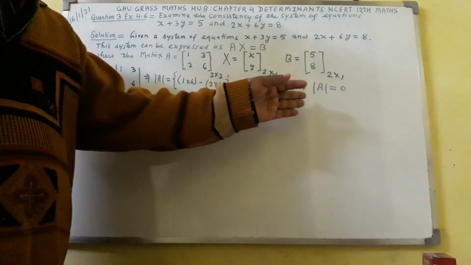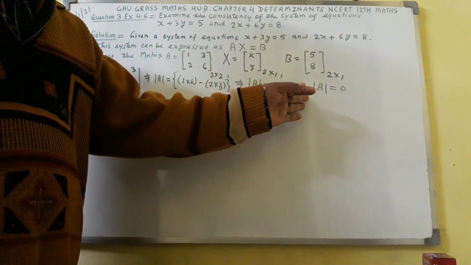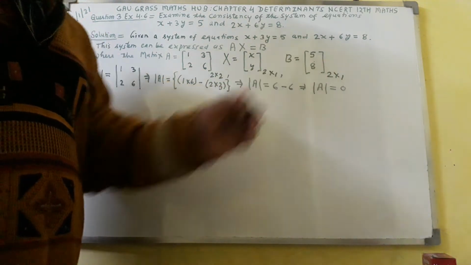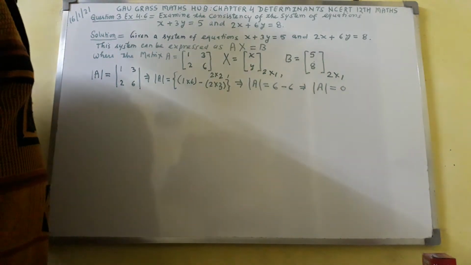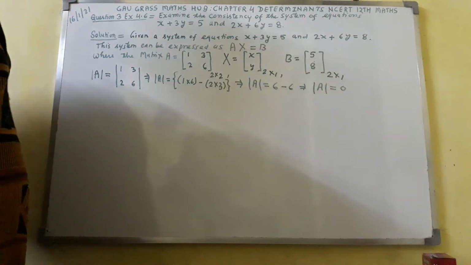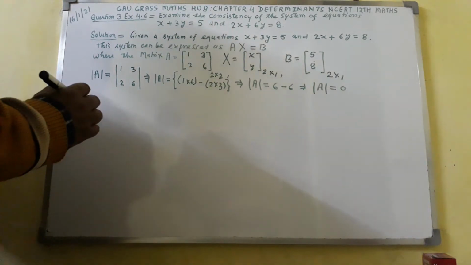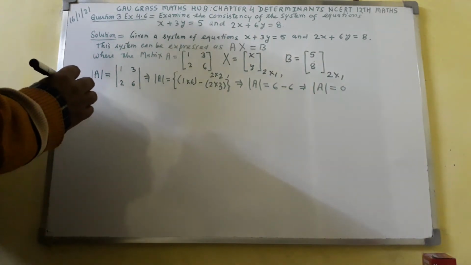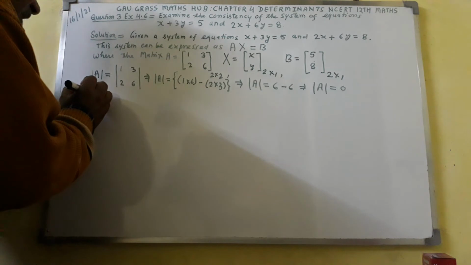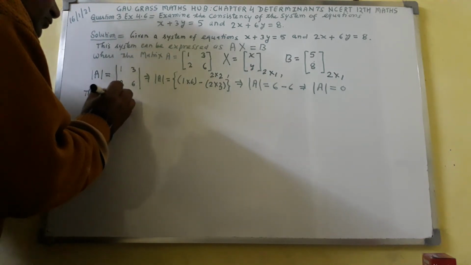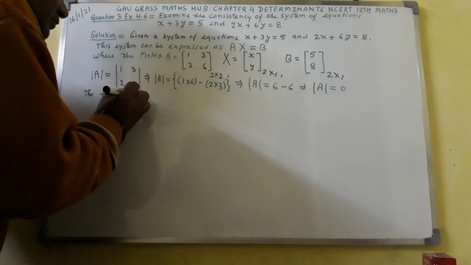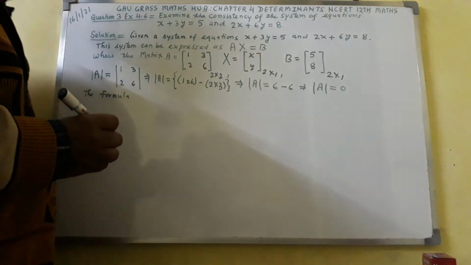Since the determinant of matrix A is 0, then in this case we'll find, now comes the formula. Here I shall write the formula.